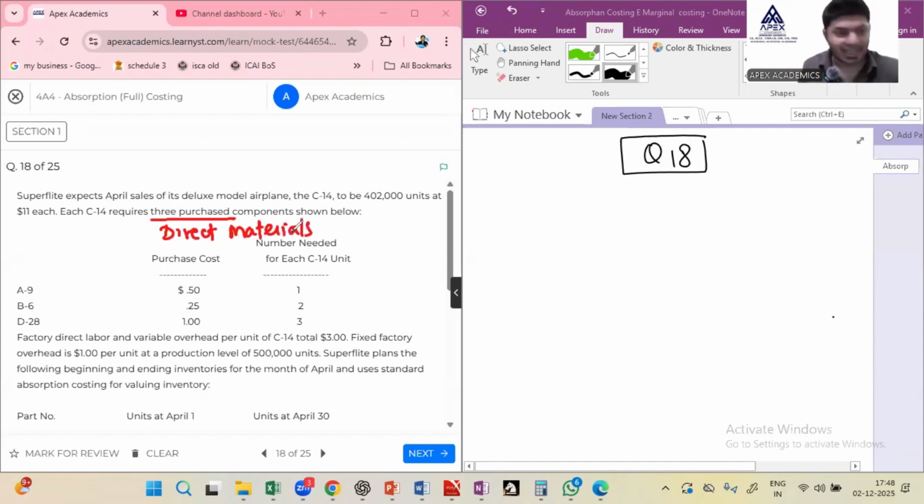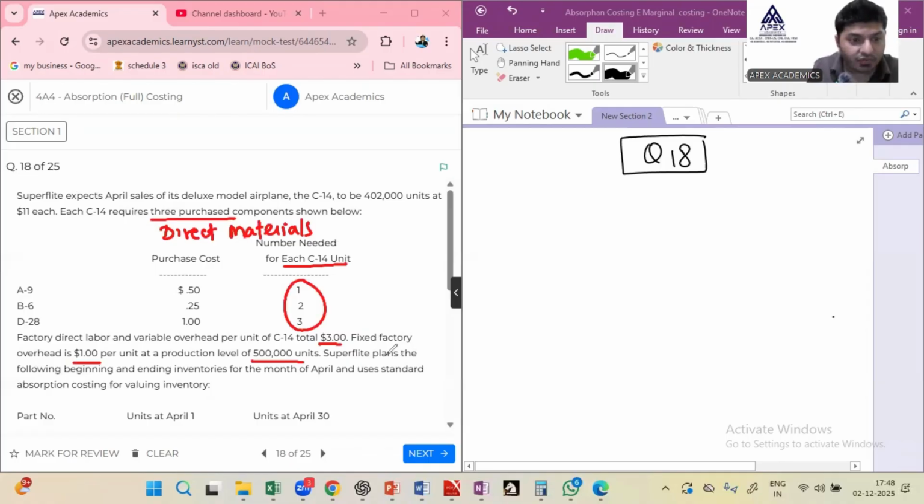What are your direct materials? A9, B6, D28. The purchase cost is given. And for 1 unit of C14, how much is needed is also given. The factory direct labor and variable overheads are $3, whereas the fixed factory overhead is 1. And the production level is 500,000 units.